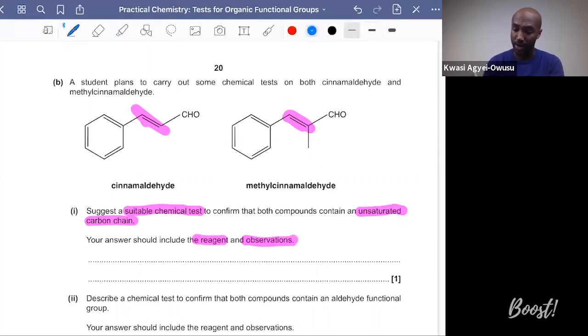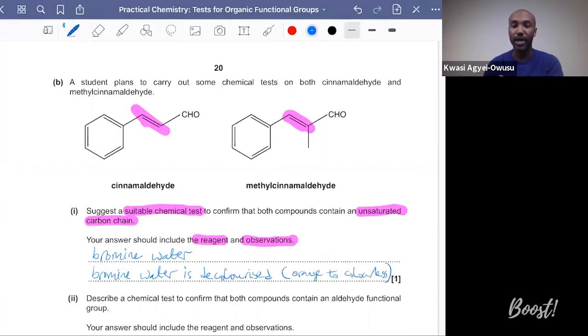Our reagent, of course, is going to be bromine water, and bromine water is decolorized. Decolorized means going from orange to colorless. So that's one mark, but a bit of information required to get that one mark.